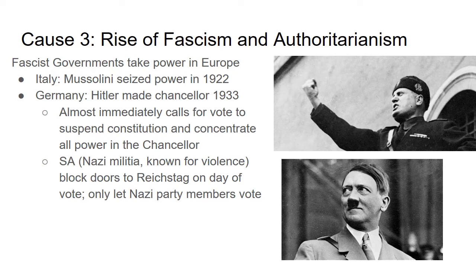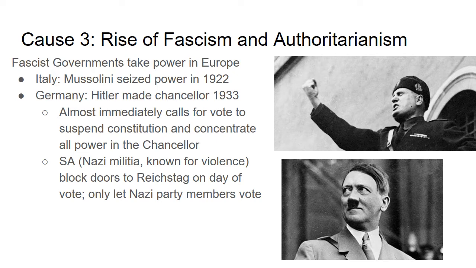Adolf Hitler is made German Chancellor in 1933. And at this point, he actually doesn't have majority support among Germans. He has a lot of support, he's one of the larger political parties, but he has not won the majority of Germans over to his side.